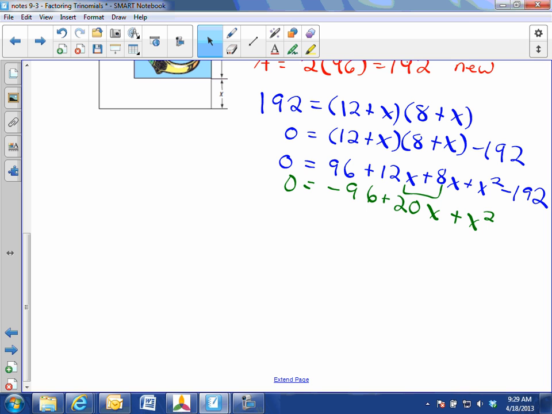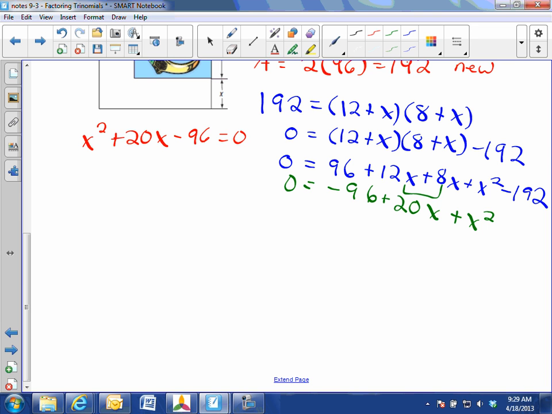We did unfoil what we have now, right? So how are we going to undo the FOIL? It's kind of backwards, but you have to do the backwards of the multiplication. We could rewrite this in order if that helps. Okay, so then you're right, we need to find the factors of 96.